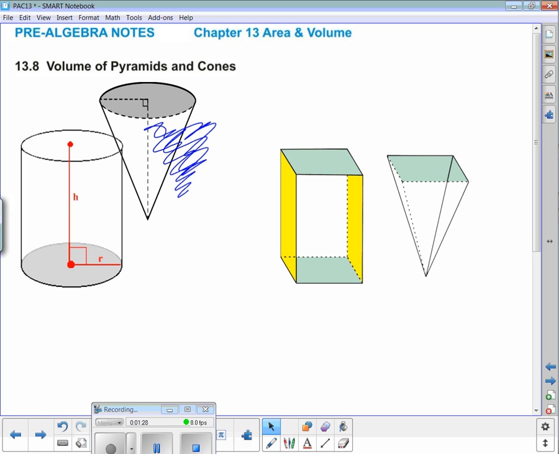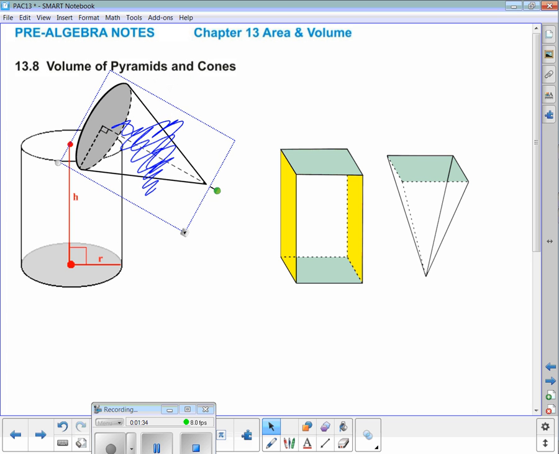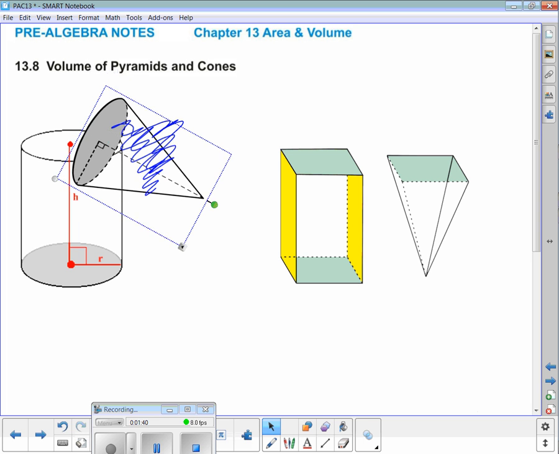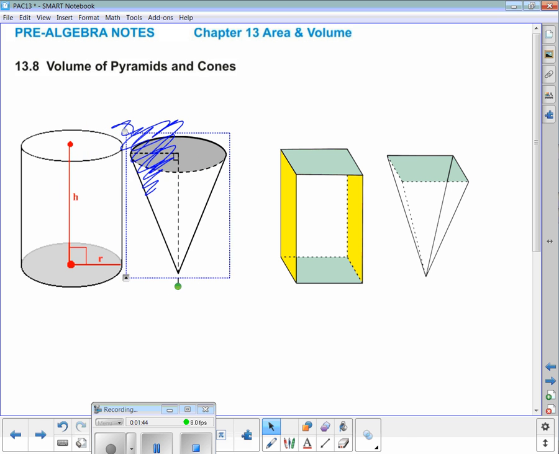All right, the water's going to stay there. Go with it, water. All right, now when I rotate it, the water's not going to rotate. Come on, water. All right, and I poured that water from that cone into that cylinder. How much would it fill up that cylinder?